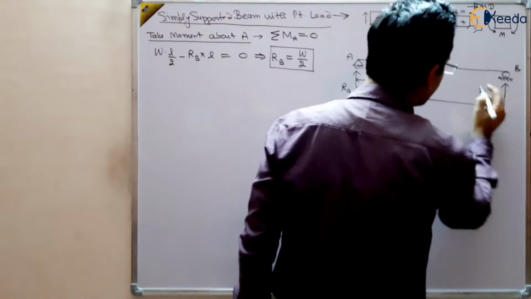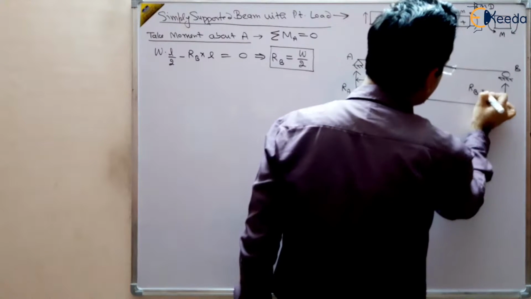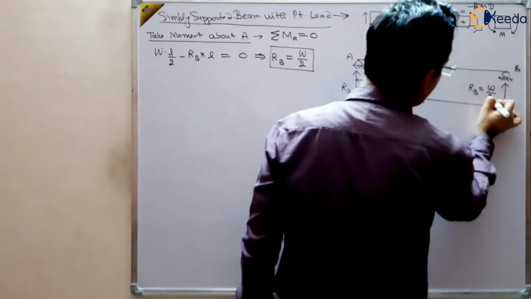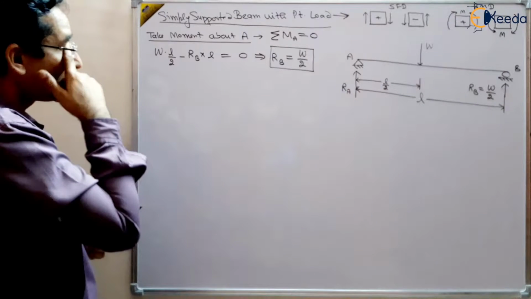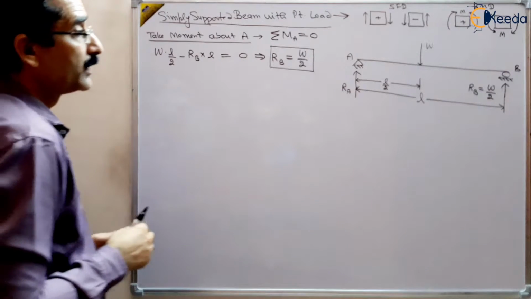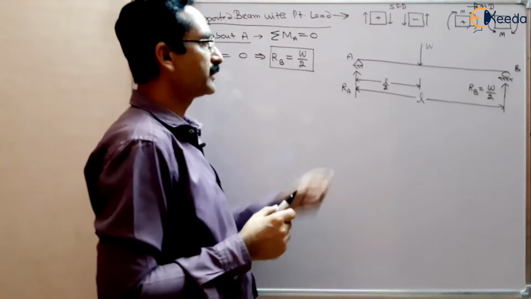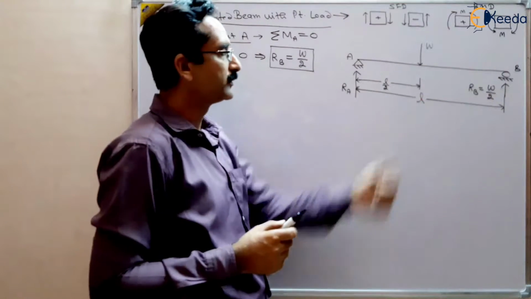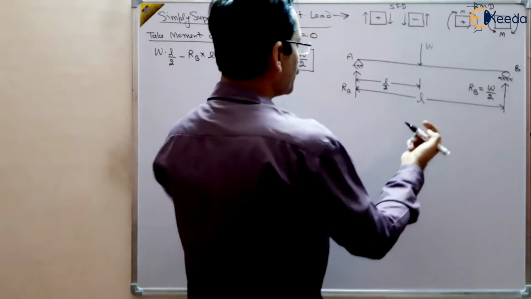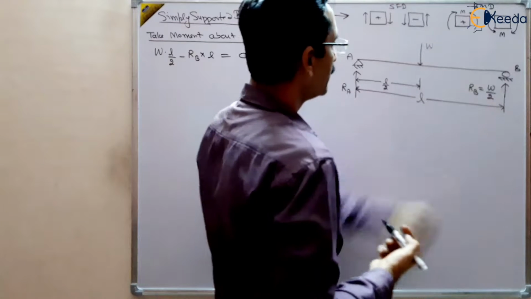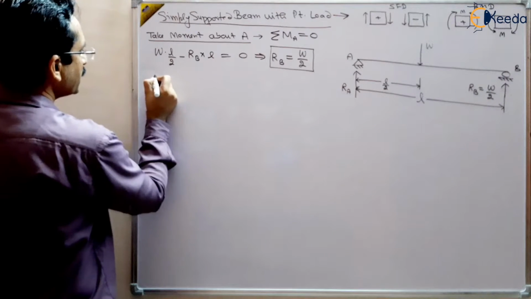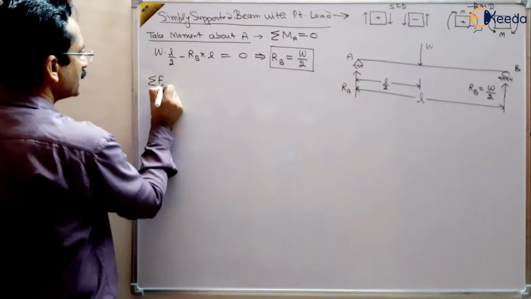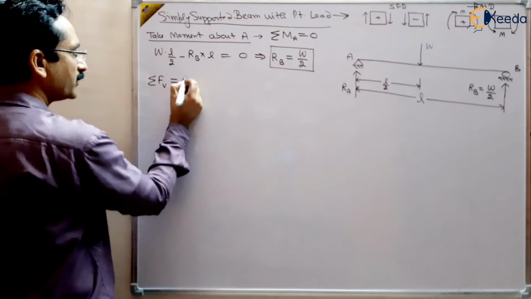So this is one of the reactions we have found: RB is equal to W by 2, right? Now we want to find RA. We know that the sum of the forces in the downward and upward directions should be equal. So the sum of all vertical forces should be equal to 0.